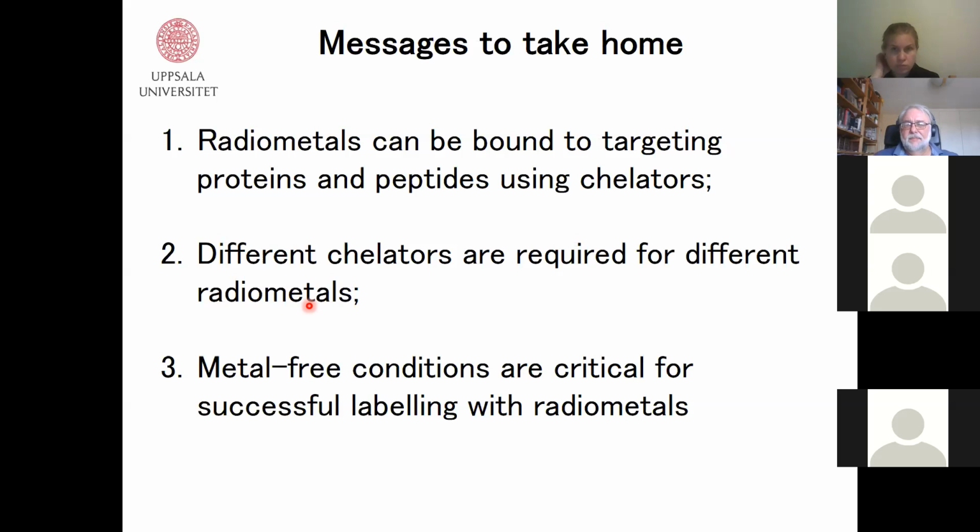For example, it's a bad chelator for copper isotopes. Metal-free conditions are critical for successful labeling with radiometals. You have to be paranoid about metal if you want to work successfully.